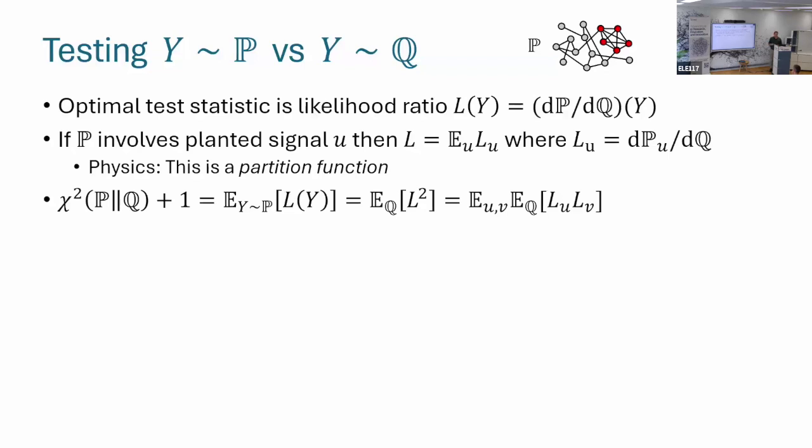And then finally, if we use the form of the likelihood ratio here, where it's an average over all the different choices for U, we can expand this out like this, where now U and V are two independent replicas, two independent choices for the clique location, which are still chosen uniformly at random.